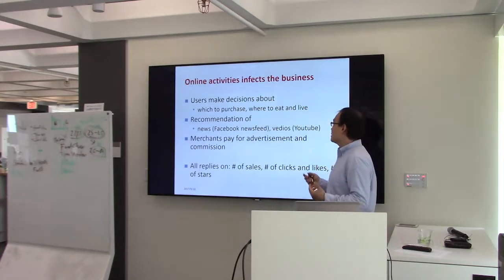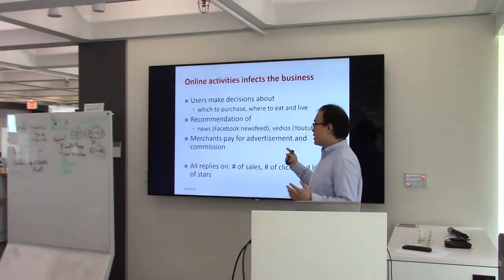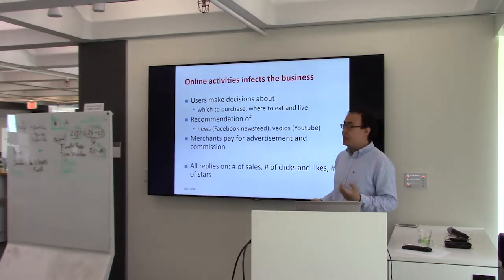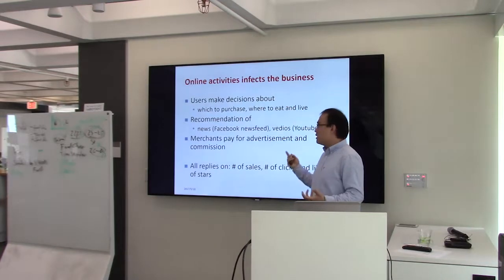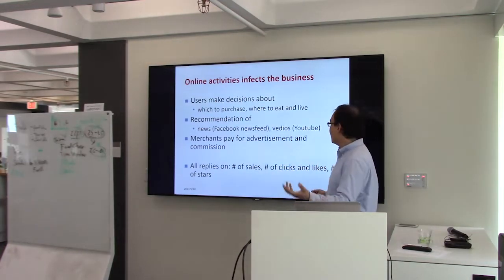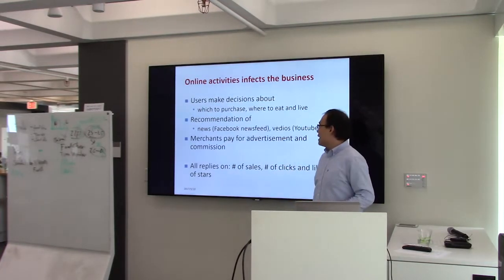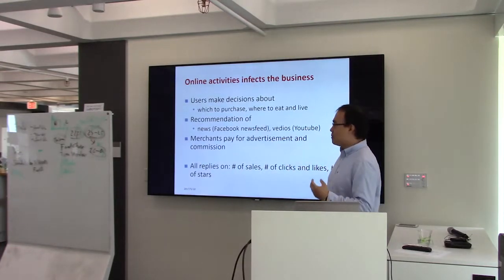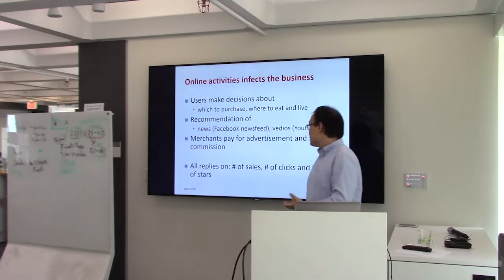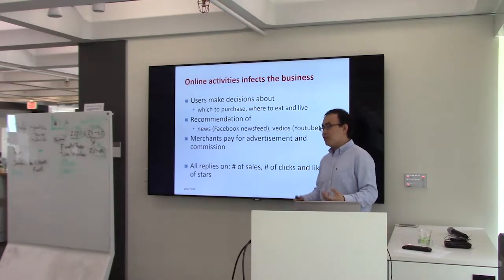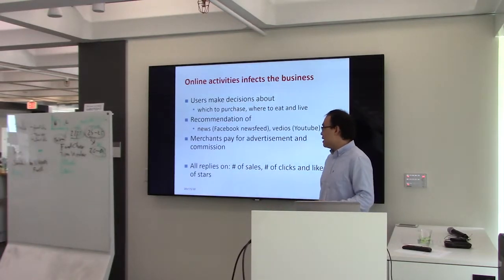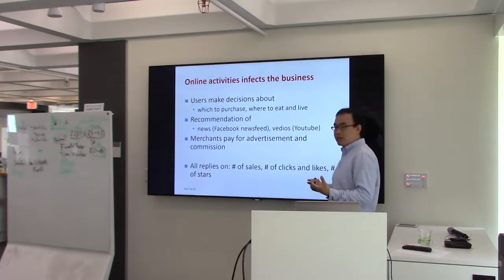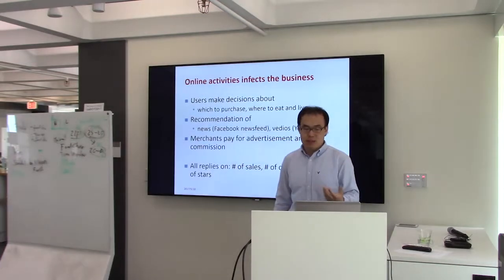Users make decisions about what to purchase, where to eat, and where to live. There is also the recommendation of news and videos from Facebook or YouTube. And merchants pay for advertisements and commission fees for the number of sales. But all of them rely on the number of sales, number of clicks, likes, and the number of stars in the reviews.